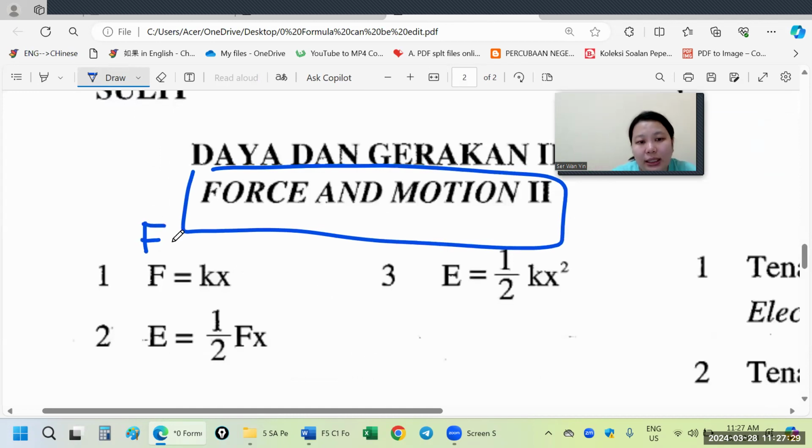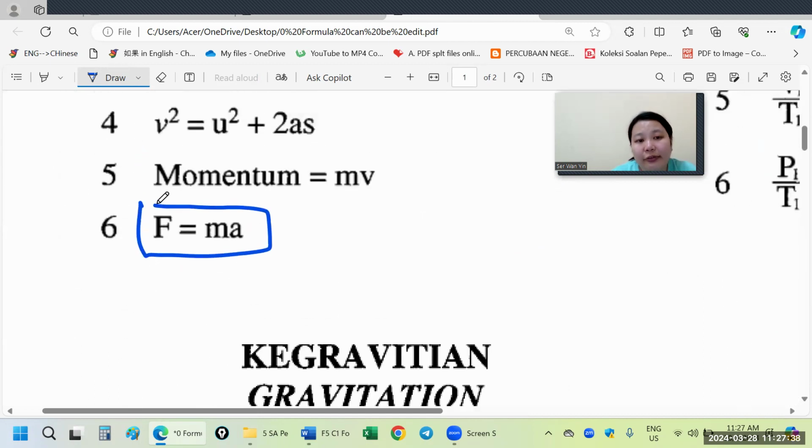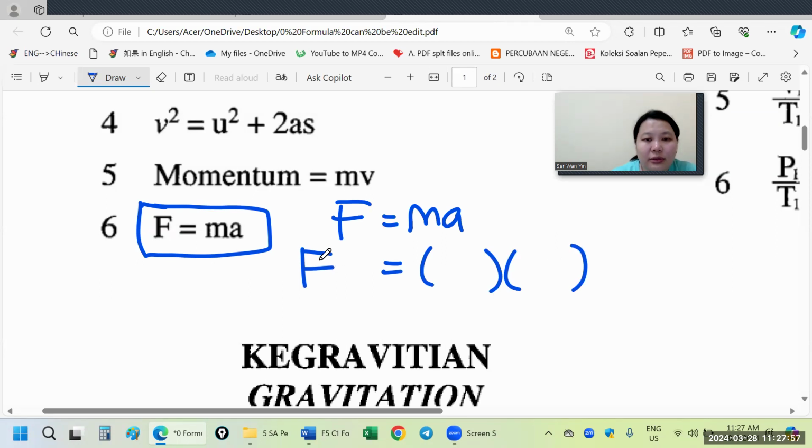They already gave F equals MA in Form 4, so they don't give it again in Form 5. But they give you F only. So many people will think F, and substitute one F only into the data. But remember, F actually means net force.